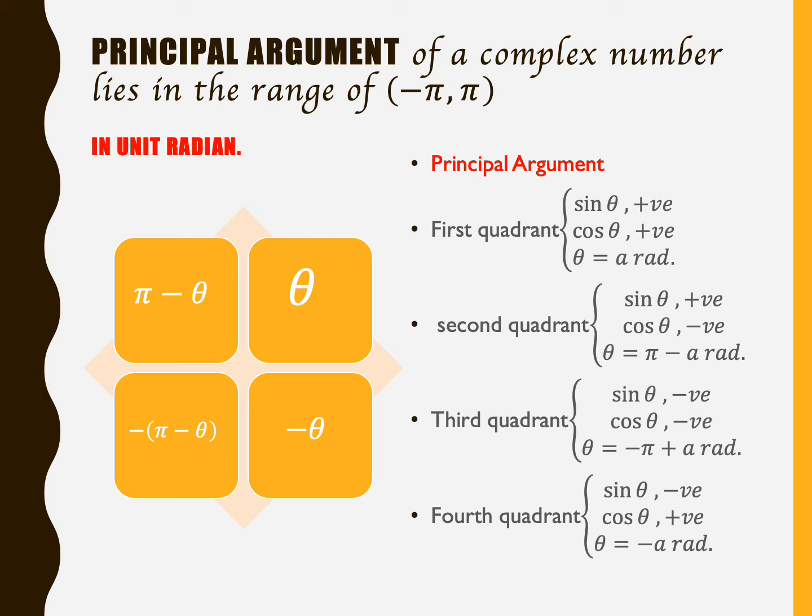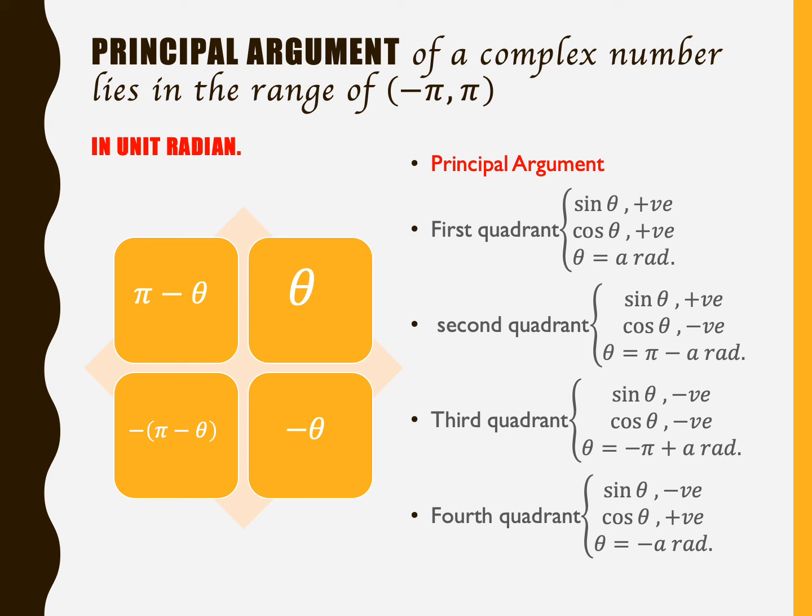The principal argument: in the first quadrant, sin theta and cos theta are positive, so theta is equal to A radians. Second quadrant, sin theta is positive, cos theta is negative, so theta equals pi minus A radians.